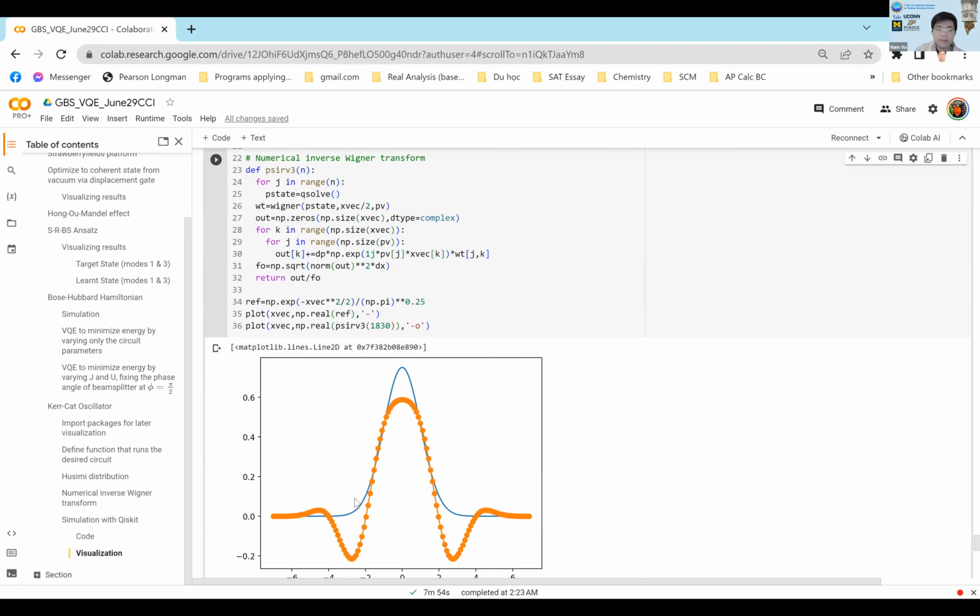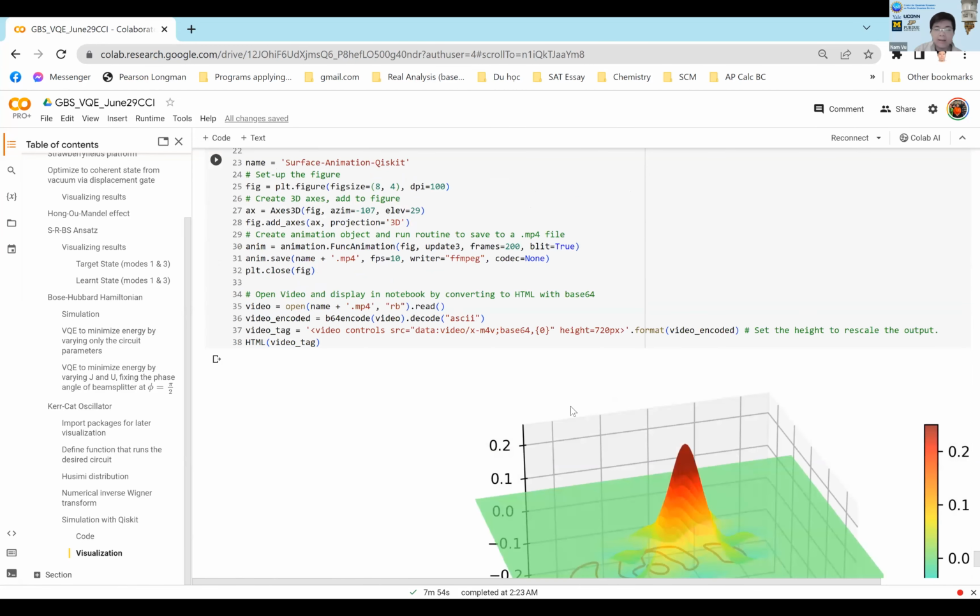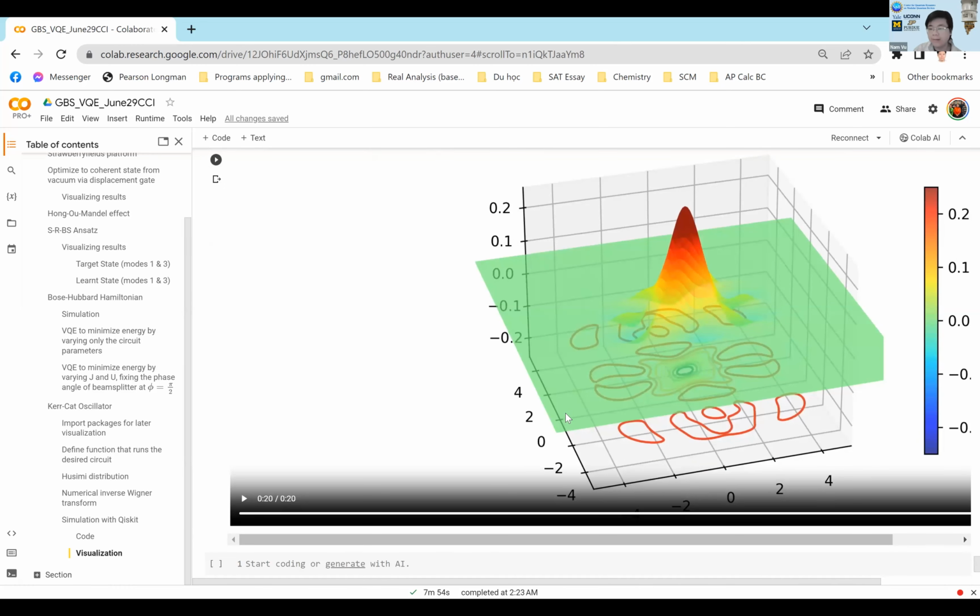As you can see here, after a number of steps, I also do a numerical Wigner transform, and it quite resembles what we had in the inverse Wigner transformation earlier, not 100% similar. I also try to include an animation after you use Qiskit.